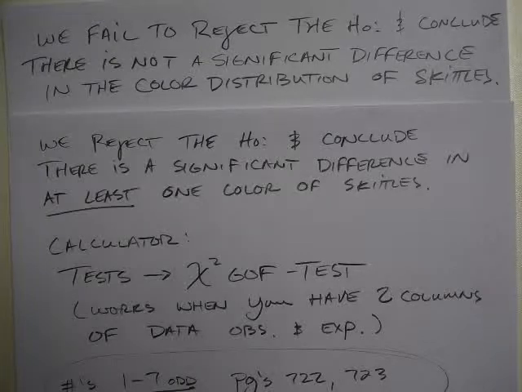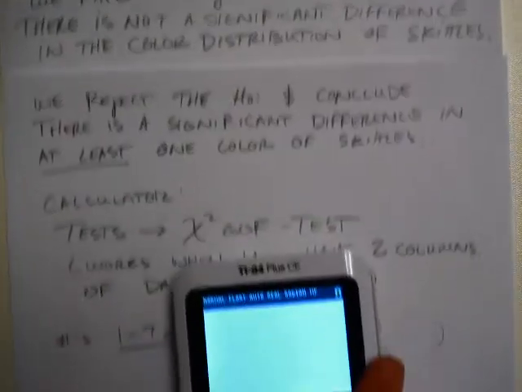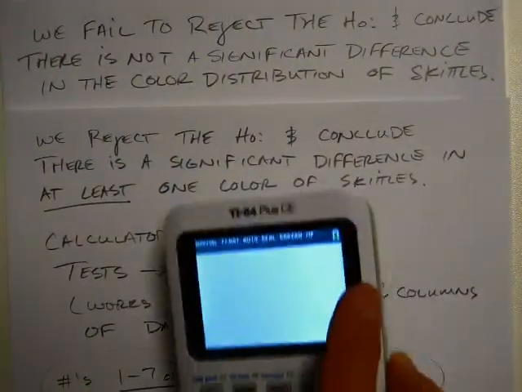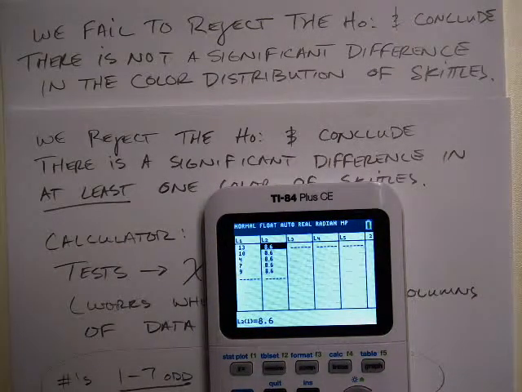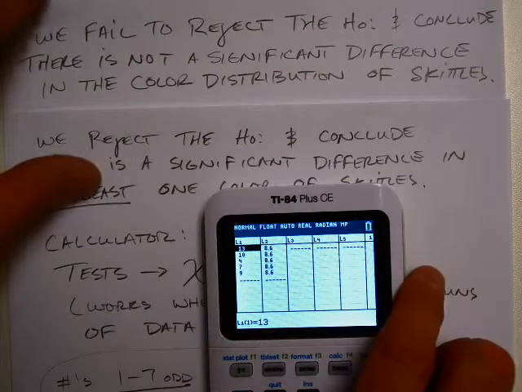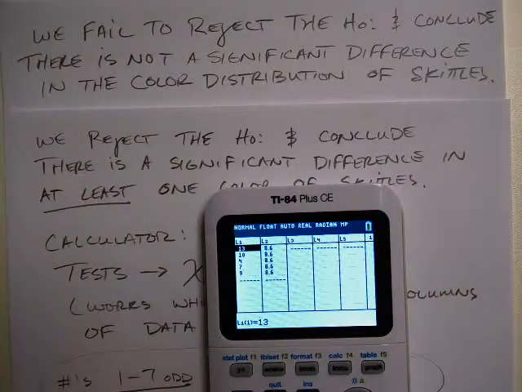And the calculator, here's what I want you to do. Take your calculator. There have been a couple that have given us some trouble, so if it gives you some trouble, let me know and I'll set it aside and try to figure out what's going on. Let's go to your lists. In your L1, I want you to put your observed values. What did you observe? That was 9 and 12 and 7, 13 and 5.